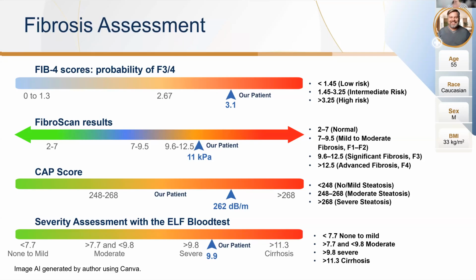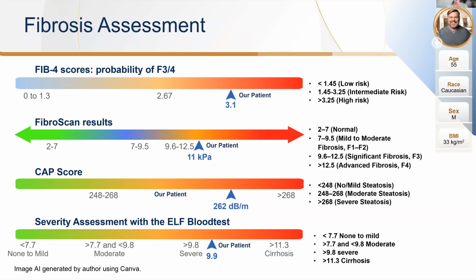Because the FibroScan is a completely different modality. It's not using some of the same measures that blood tests would. So again, I put more credence into different modalities of testing when I'm trying to get a sense of how much damage is there.